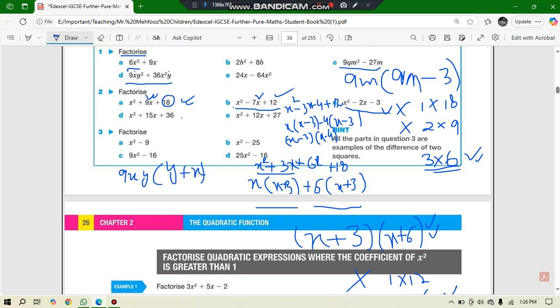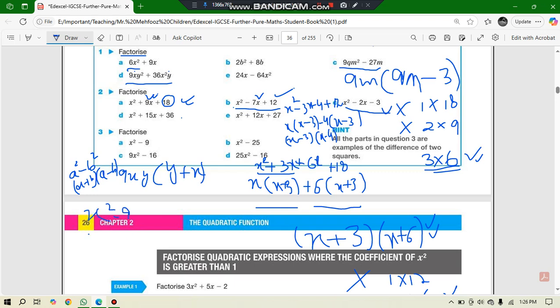That's so simple. Here we use the formula of a square minus b square. If we have this type of terms, you can expand this formula: a plus b into a minus b, right? This is the expanded form of this formula. So here we have x square minus 9.